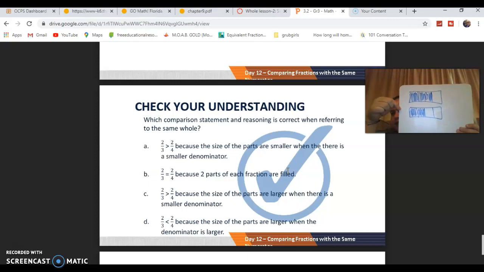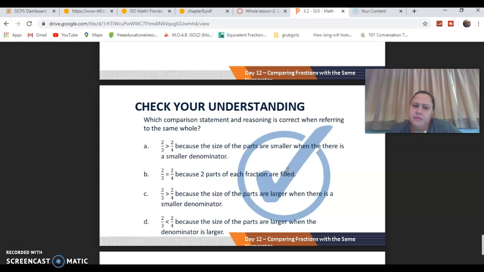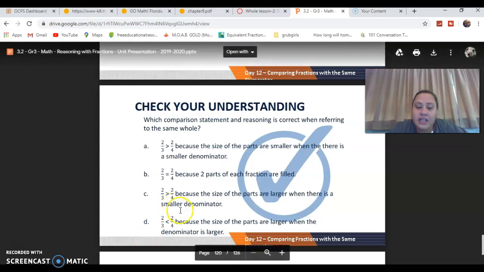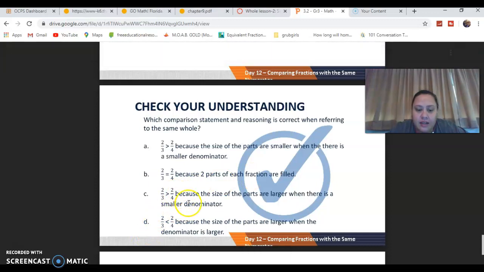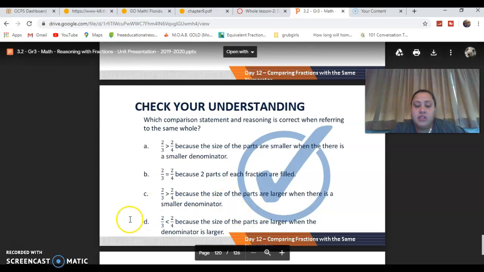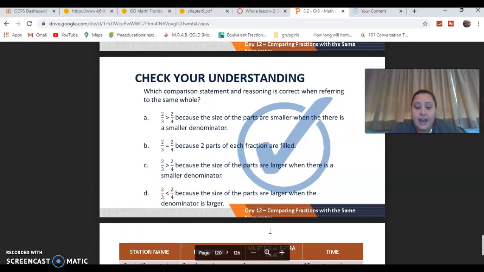So what that sentence is saying is the smaller the denominator, the smaller the piece. And do we know that to be true? No, we know that is false. The smaller the denominator, the bigger the piece. So A is false, which leads us to believe that C is correct. C says because the size of the parts are larger when there is a smaller denominator, and we know that to be true. So C is the correct answer.